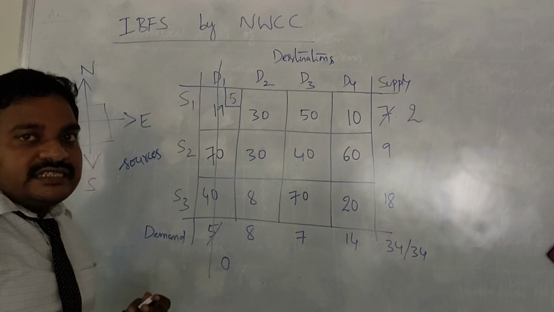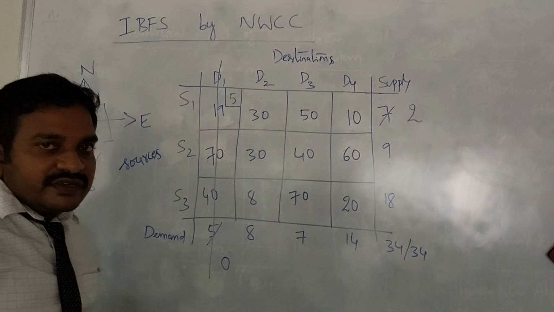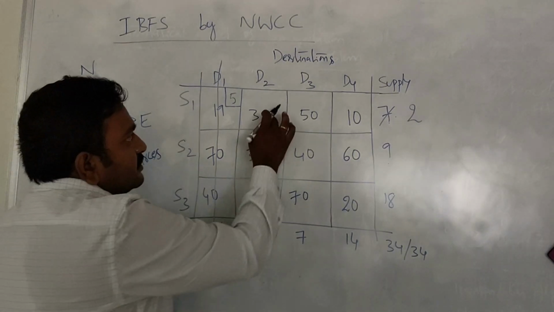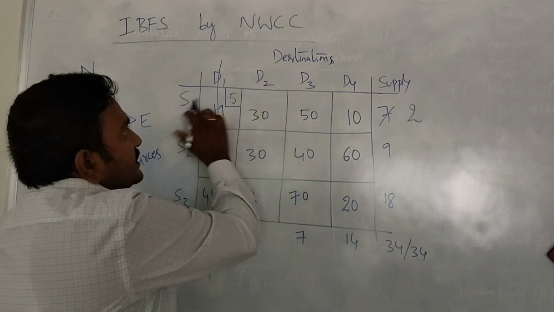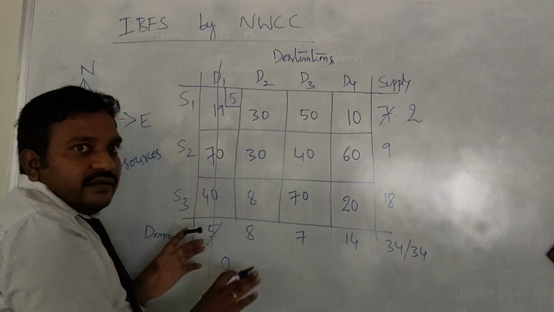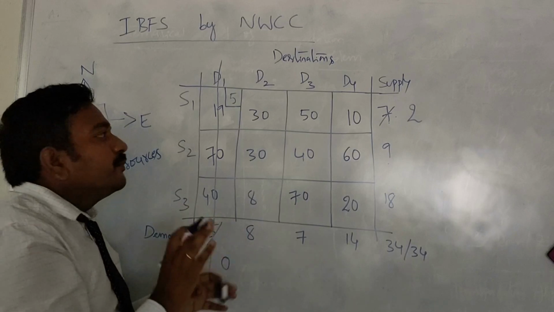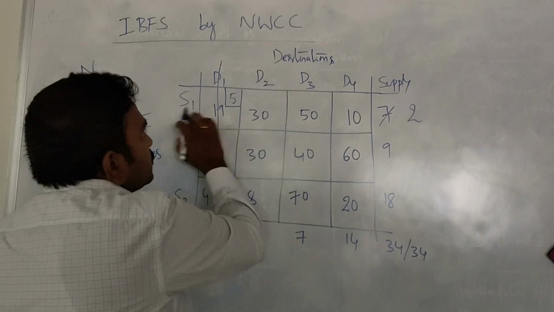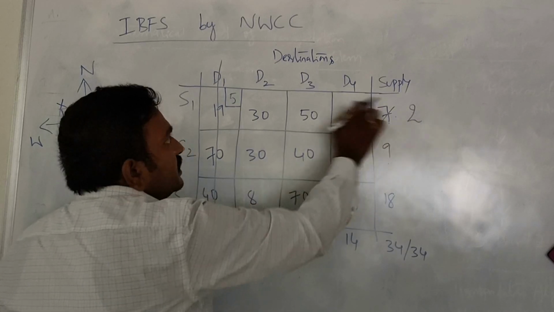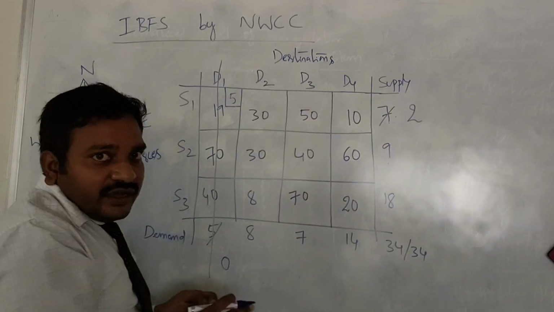Next, the first cell of the table, again the northwest cell, becomes S1, D2, because the D1 column is exhausted. Here S1 has a capacity of 2 units and D2 a requirement of 8 units.